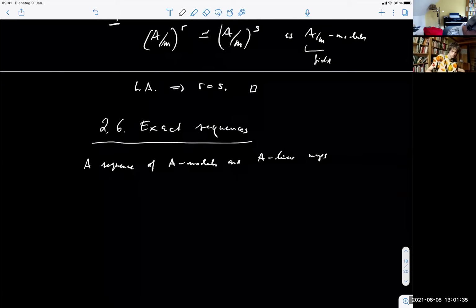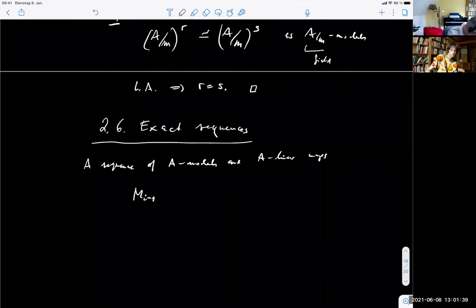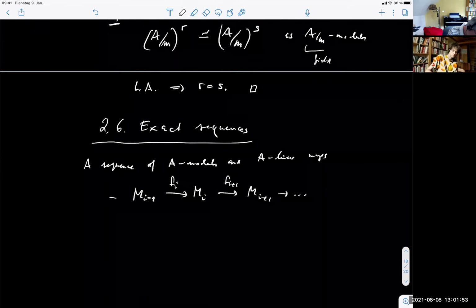It's always good to have diagrams. So from M_{i-1} to M_i, you have a linear map, which I denote f_i, and then you go to M_{i+1}. This is f_{i+1}. And you think that just goes on as long as you wish, and it may also end. You have such a finite or infinite sequence.